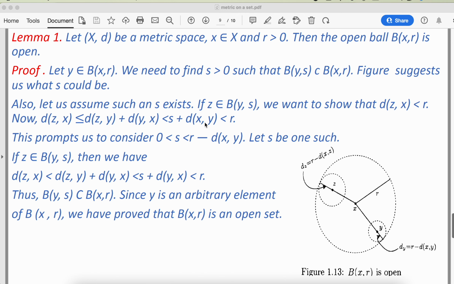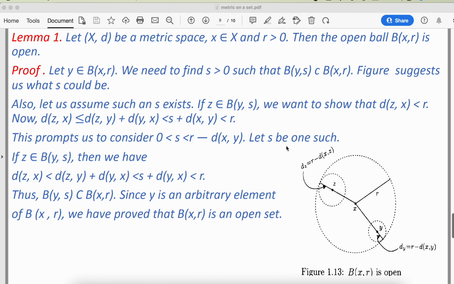So s plus d(x, y) is less than r. This prompts us to consider that s lies between 0 and r minus d(x, y). We can shift this to this side. So s lies between 0, meaning it is always positive, but it is less than r minus d(x, y), because if we shift this to this side, s will be less than r minus d(x, y).